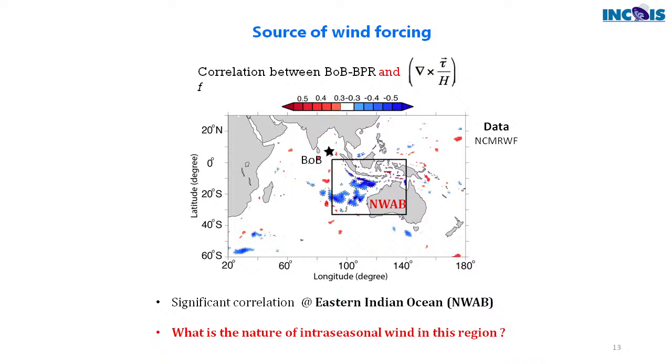The correlation was only significant in the eastern Indian Ocean, a small box near the Northwest Australian Basin, where one of the BPRs is. So when we correlated the Bay of Bengal BPR, we thought we would have a correlation near this source, but we have it in an area where we didn't expect it.